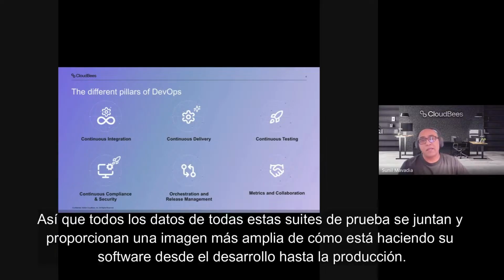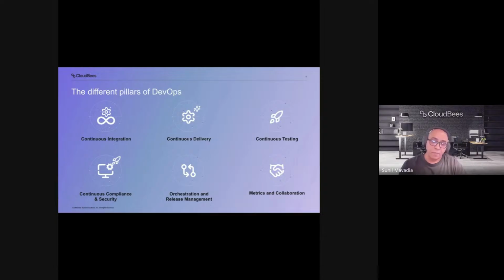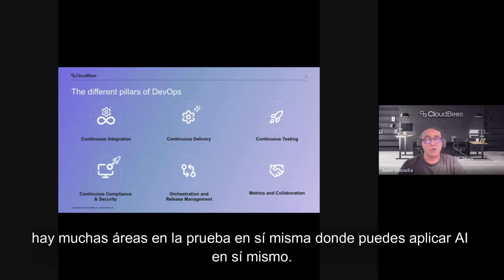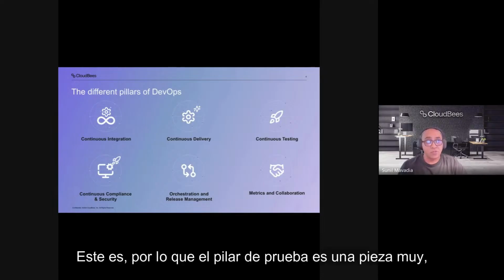So all the data from all these test suites come together and provide a bigger picture on how your software is doing as it goes from development to production. In many cases, you might try to use even AI to help you predict which tests might need to be improved, right? And so there's a lot of areas within testing itself where you can apply AI itself. So the test pillar is a very, very critical piece.